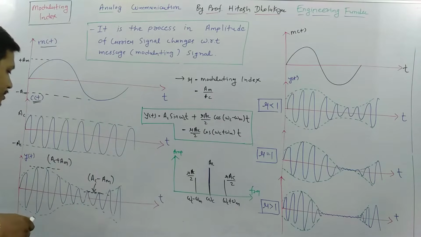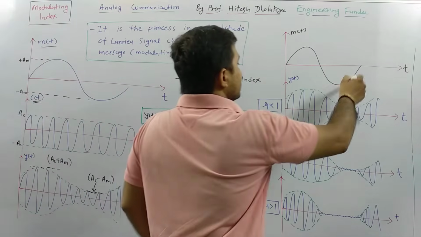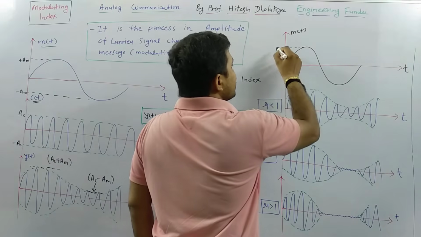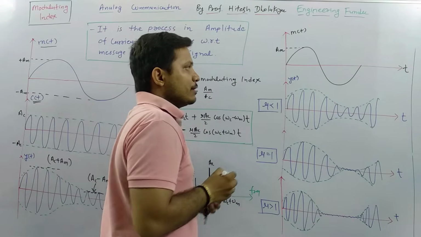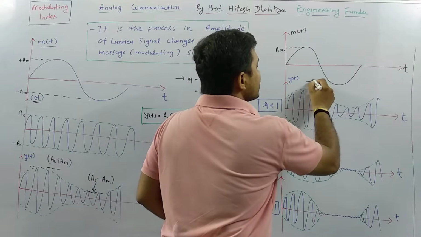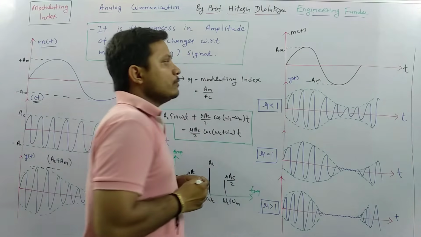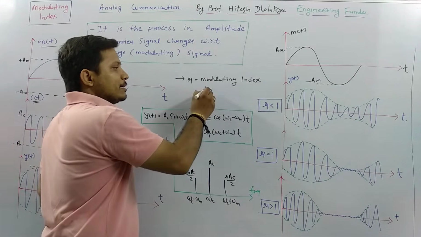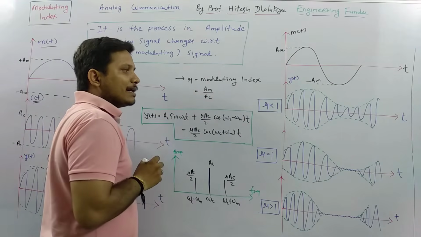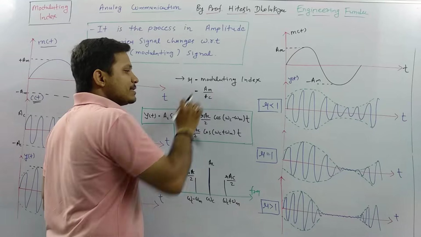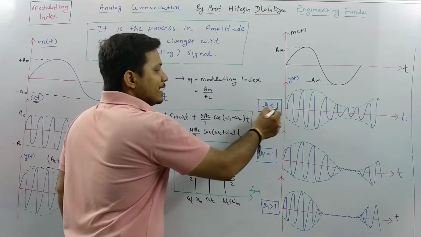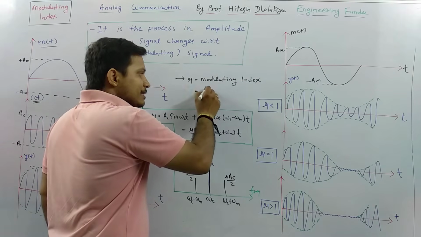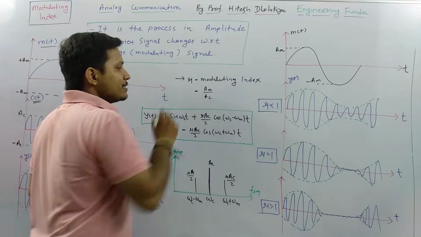I'll explain that. Here I have a modulating signal having amplitude varying from plus Am to minus Am, right? Now if the modulating index is lower than 1, it means Am by Ac is lower than 1, so Am is lower than Ac. So the modulating signal's amplitude is less than the carrier signal's amplitude.